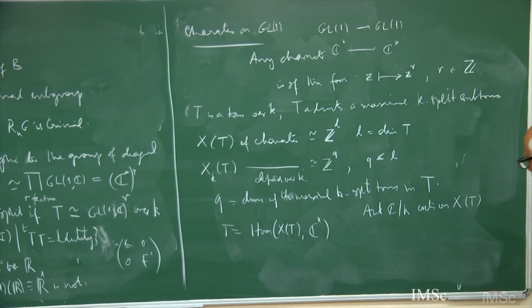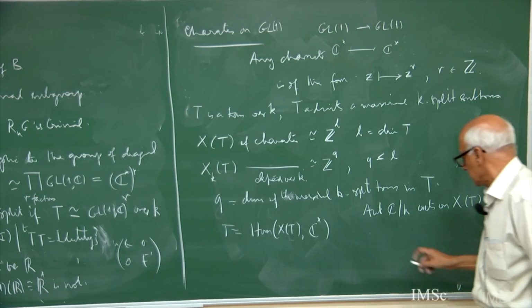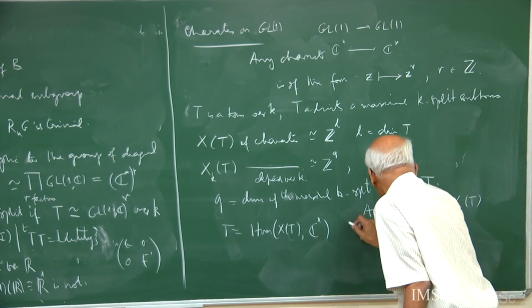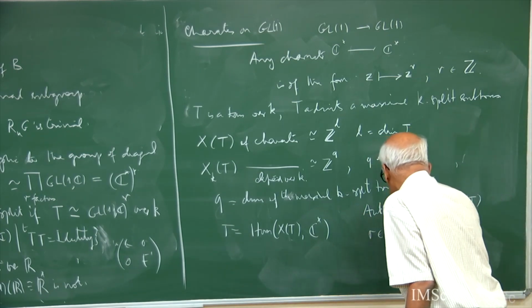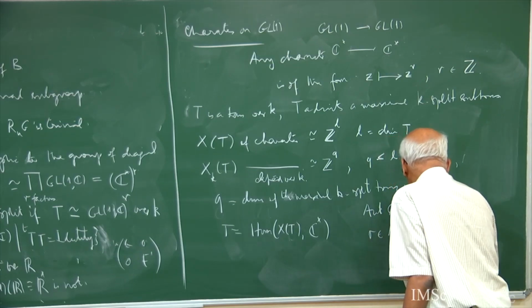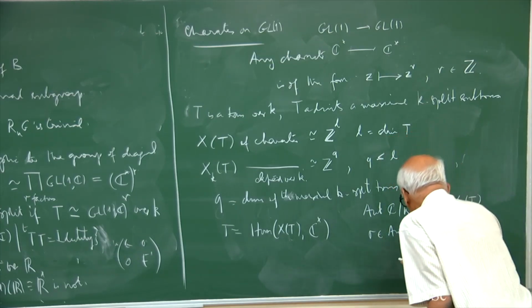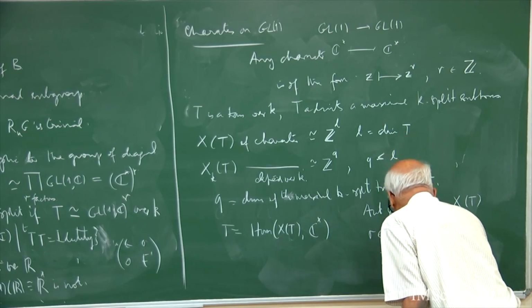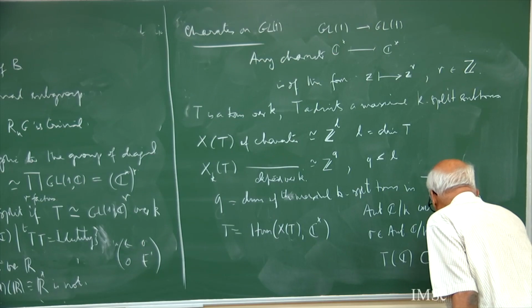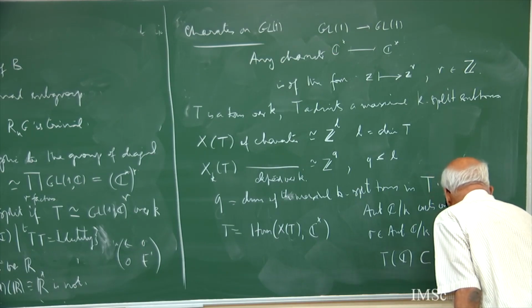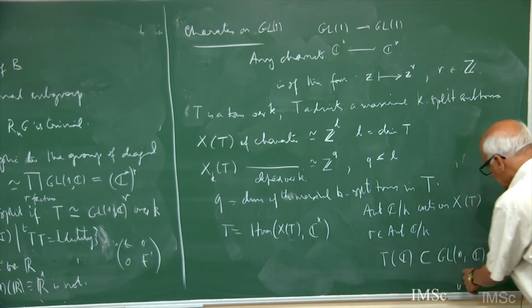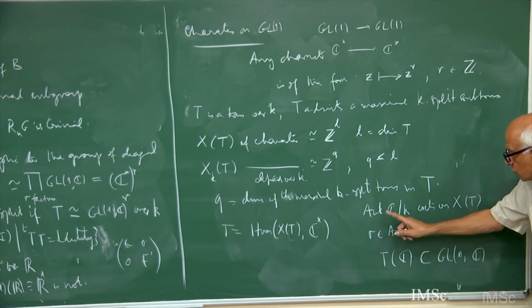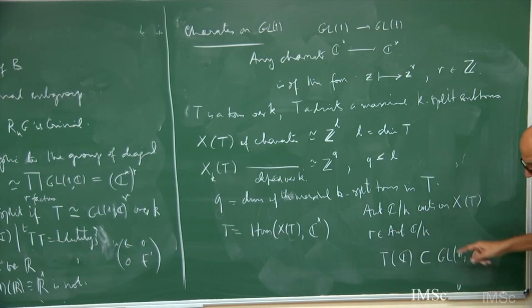How do I say that? Suppose you have an element sigma, an automorphism of C over K. You can look at T(C), which is of course contained in some GL_n(C), and on GL_n(C), the Galois group, or C over K, operates entry-wise.